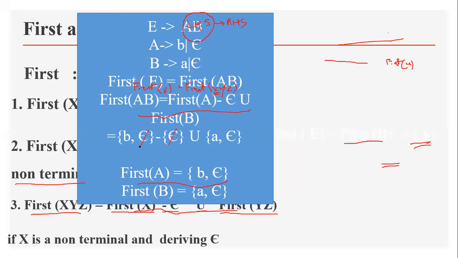The remaining is b, and union of a comma epsilon means b, a, epsilon. That is first of AB, which is first of E. So the answer for first of E is b comma a comma epsilon. Okay, this is how to find first.